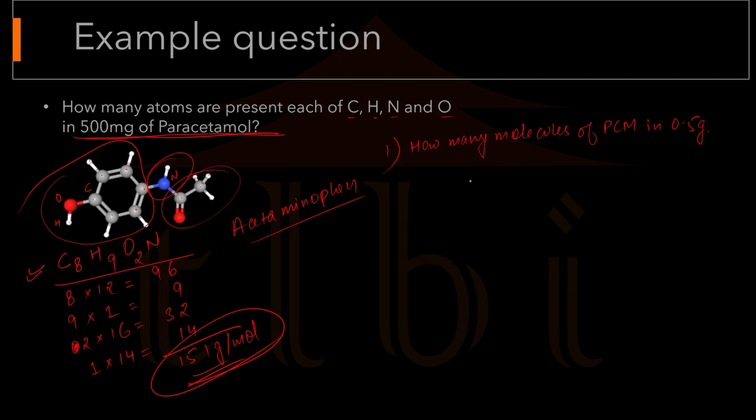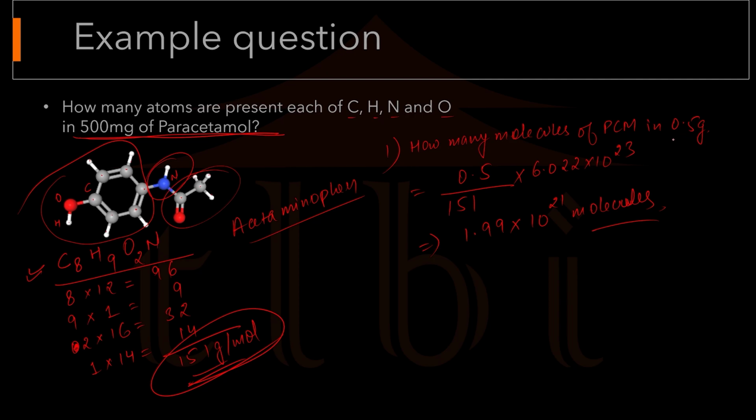You have 0.5 gram divided by its molecular weight and multiply by 6.022 into 10 to the power 23, right? 1.99 into 10 raised to power 21 molecules.